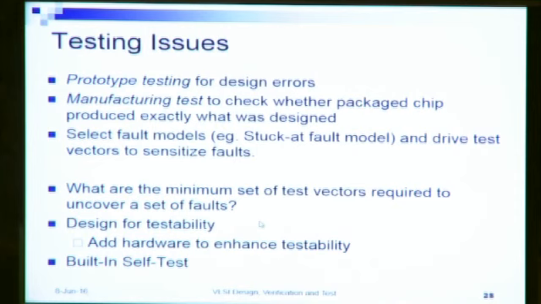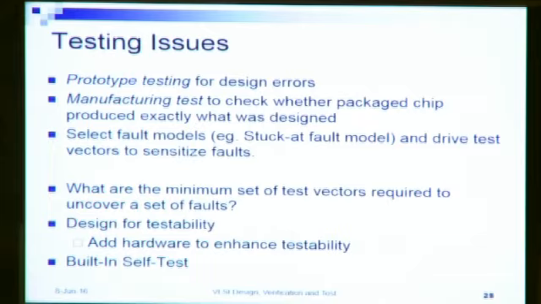And we also have testing issues involved at the prototyping level as well as the manufacturing level. So we have prototype testing and manufacturing testing. Prototype testing is for design errors.